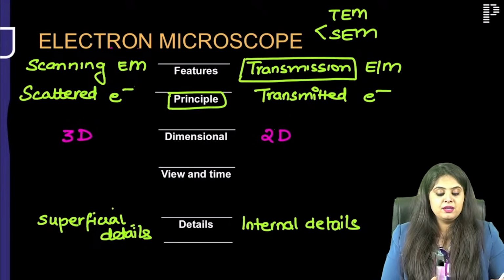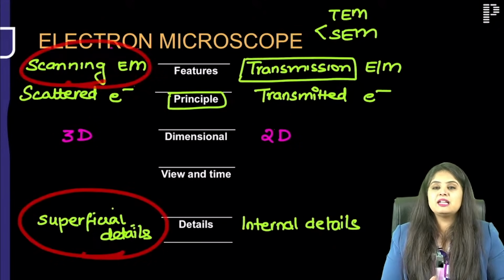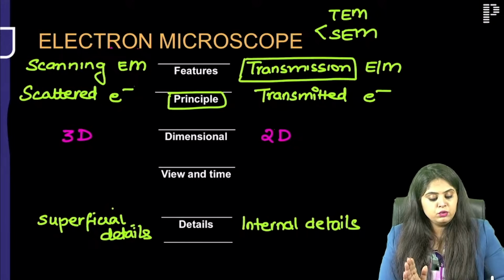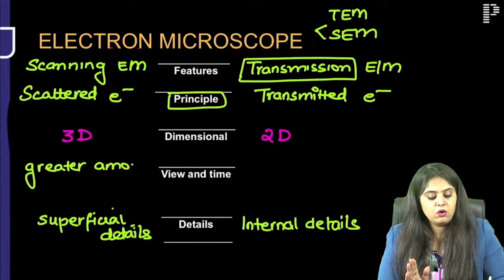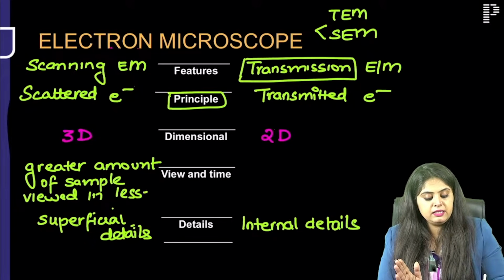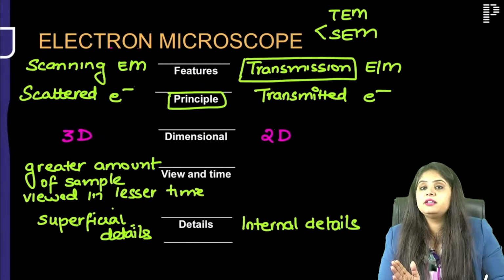In which of them? Ma'am, seeing superficial is easy, quickly you will see from here to here. So can I say you will be able to cover a greater amount of sample viewed in lesser time? Do you all agree with me?